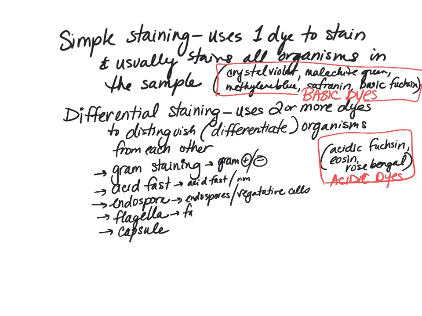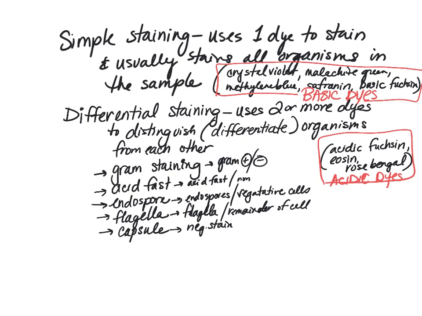Flagella staining, of course, is going to stain the flagella, or flagellum, which is singular, separate from the remainder of the cell. Capsule stain is going to allow us to see the capsule. We can do capsule stains in two ways, and we'll talk about this in just a moment. We can do just a simple negative stain, and then we'll see the individual clear cells that contain capsules.